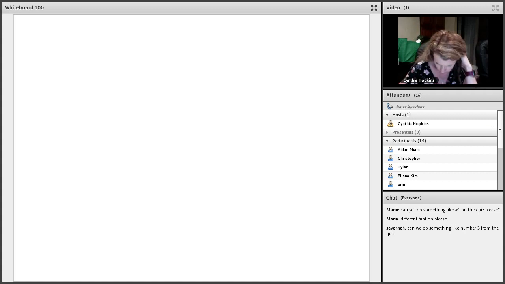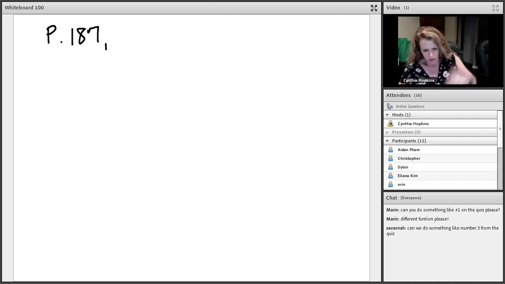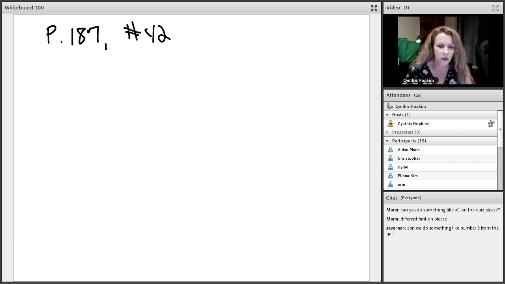Okay, let's use this. So I am choosing an equation from page 187, and I'm going to go number 42. That's actually similar to what yours was, in that it opens down.